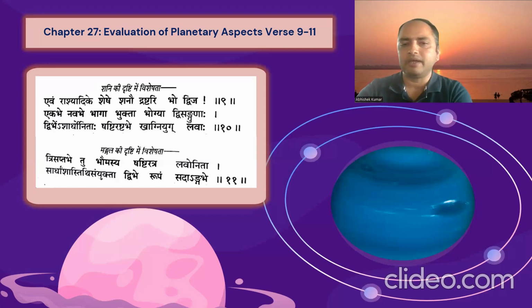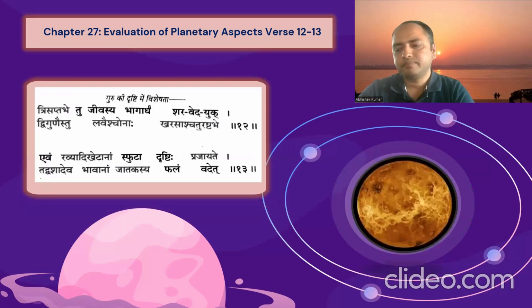Here for Mangal Dev, the range is 90 to 120 degrees or 210 to 240 degrees, then we add 15 Virupa to get the aspectual value. So that is Mangal Dev.